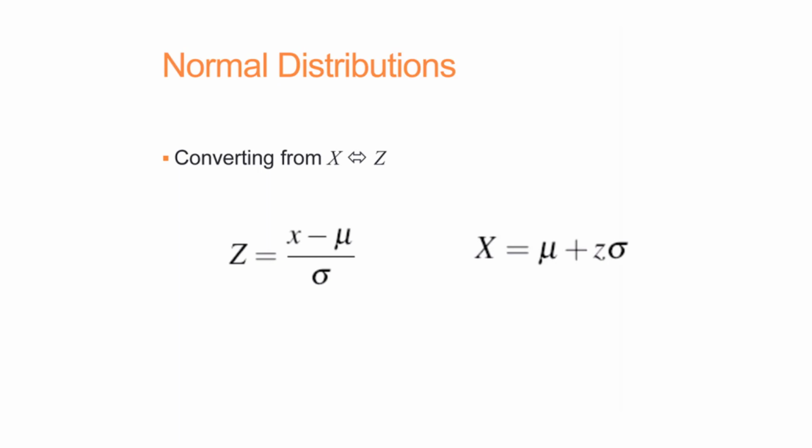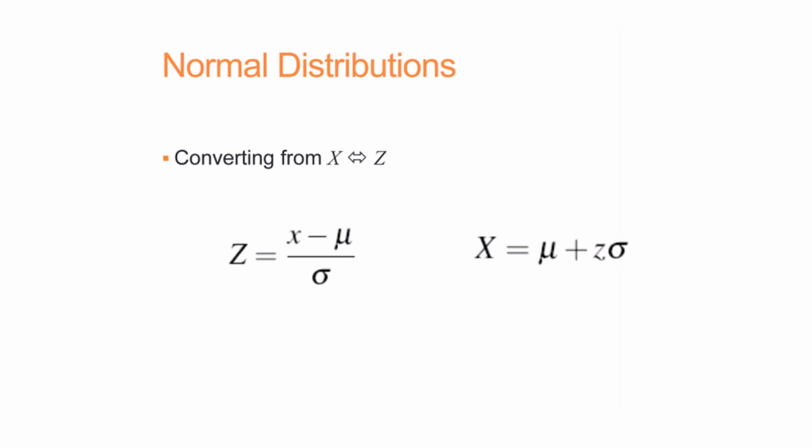Any normal distribution can be converted to a standard normal and vice versa using these equations. On the left, we have the conversion from a general normal random variable x to a standard normal random variable z using an equation similar to the z-score equation from Unit 1, except that we have the population mean and population standard deviation instead of those from a sample.